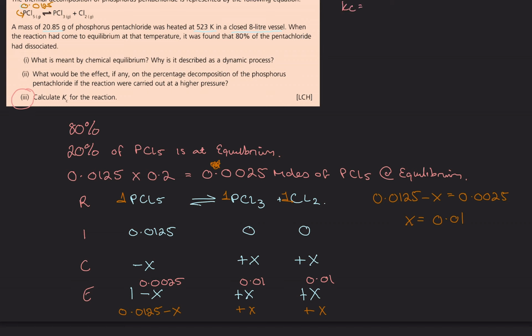Okay, so we're going to take the products first. So we're going to write PCl3 and put them to the power of their coefficients, which happen to be 1 in this case.